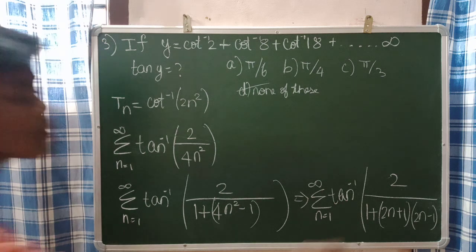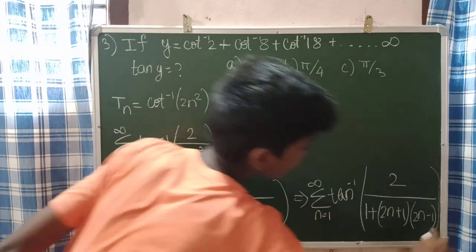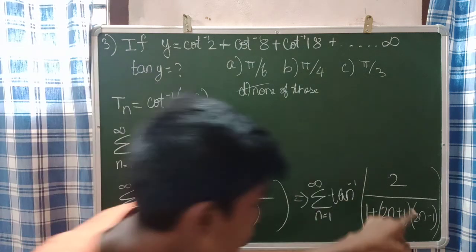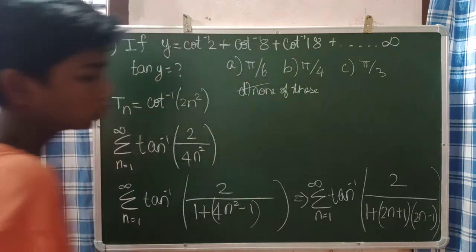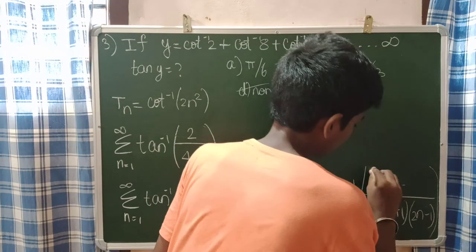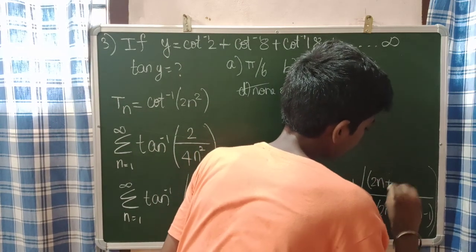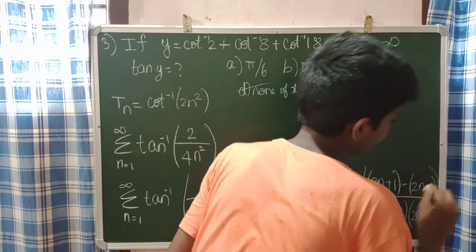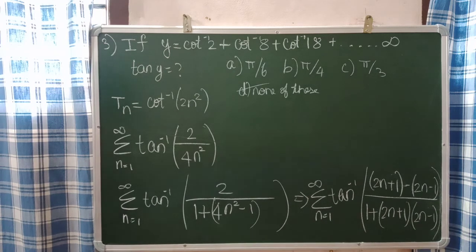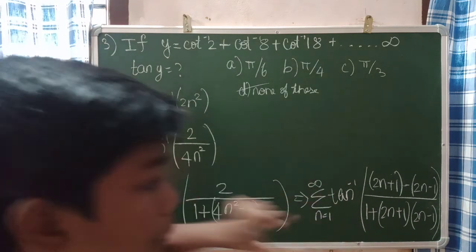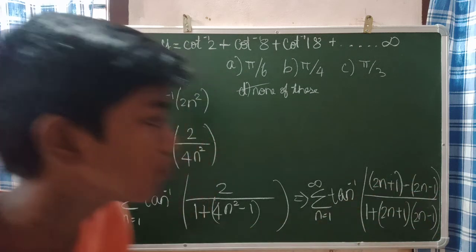Now in the numerator guys, it is very important. In the numerator, can't I write this 2 as 2n plus 1 minus of 2n minus 1? Think carefully and say, can't I write this particular term 2 as 2n plus 1 minus 2n minus 1?